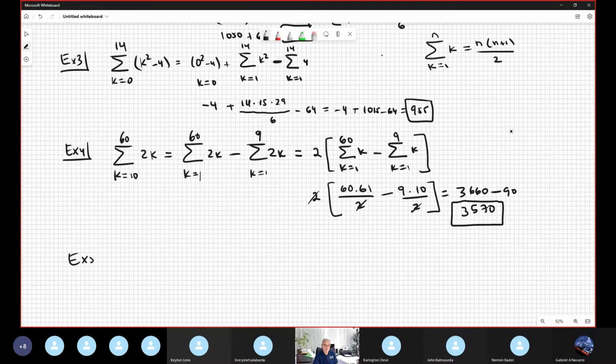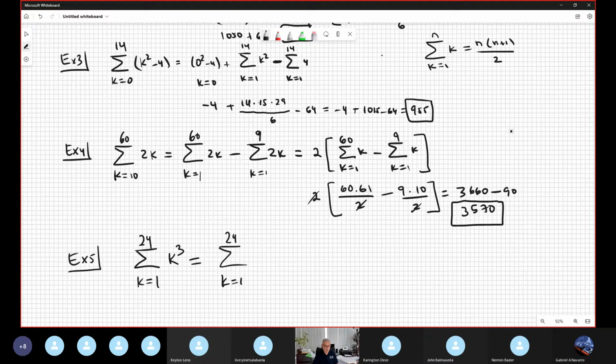Example 5. Example 5 says the summation from k equal 4 to 24 of k cubed. Again, the same problem. Our summation does not start in 1, it starts in 4. So you split from 1 to 24 because it's exactly the formula.